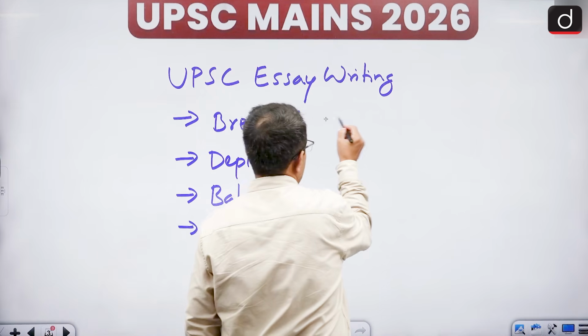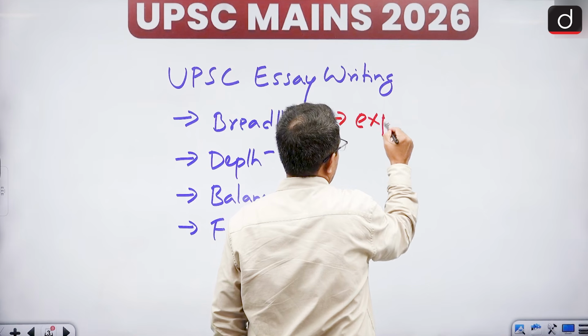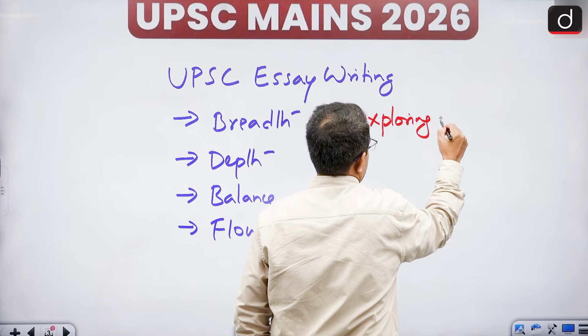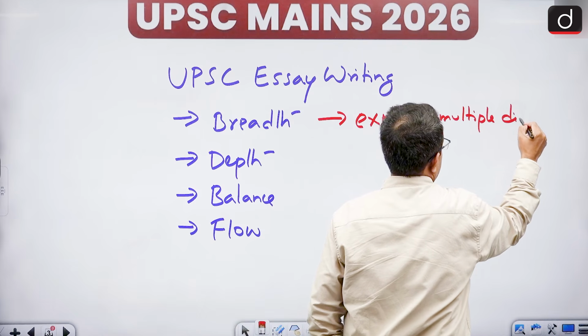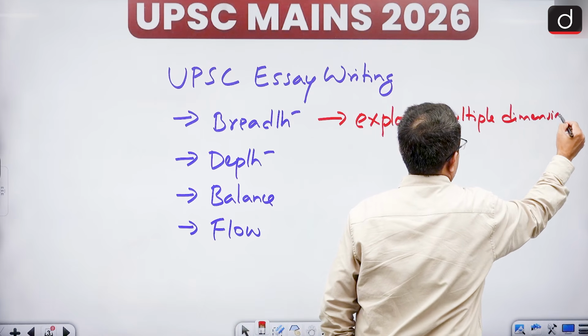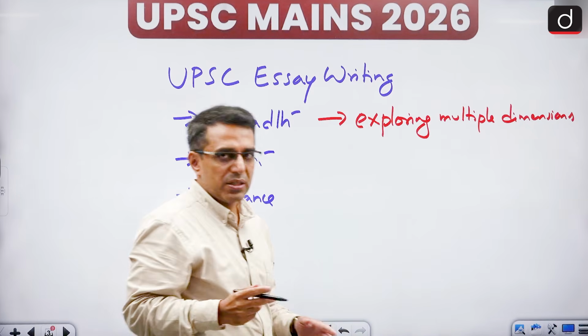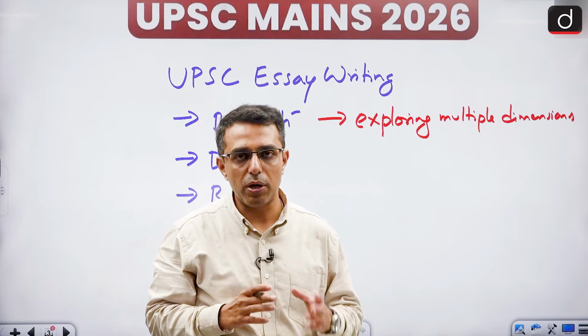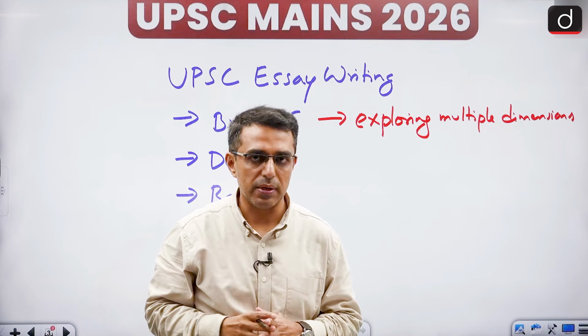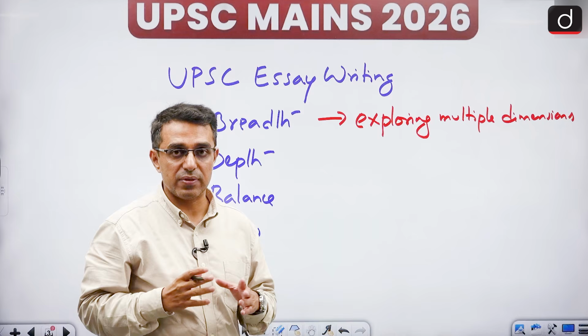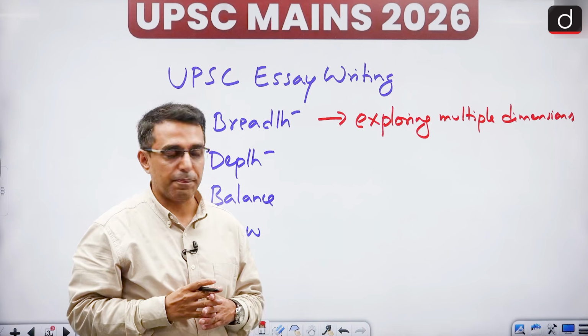So it is basically about exploring multiple dimensions of any given topic. For this we can maybe explore the political, economic, social, technological, environmental, legal, and so on. These dimensions we can explore. This gives breadth to our essay.